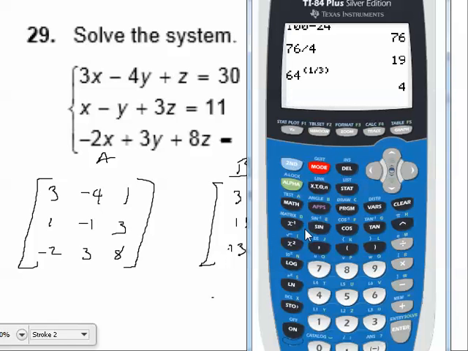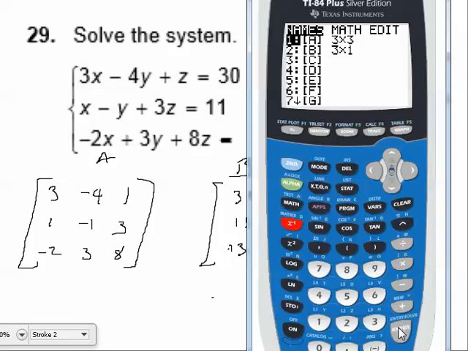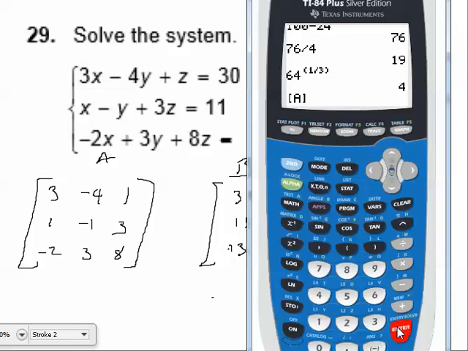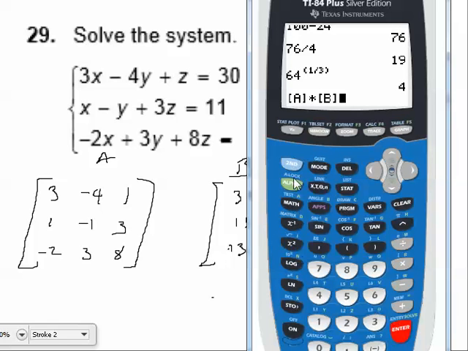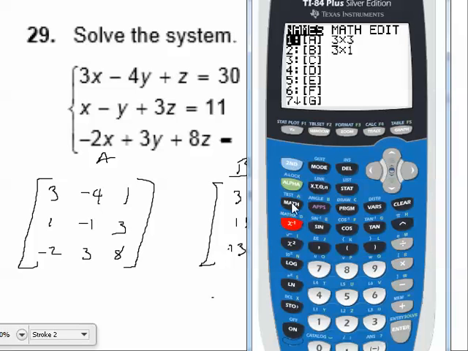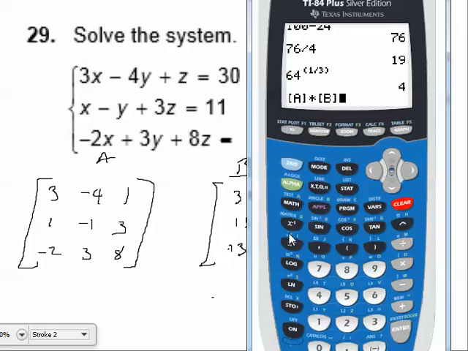Now, I'm going to multiply matrix A. So I'm going to take second matrix B, inverse, second inverse, not second, inverse, and hit enter.